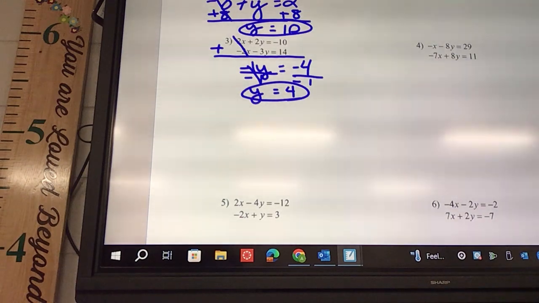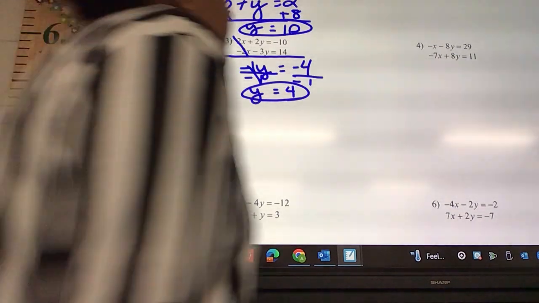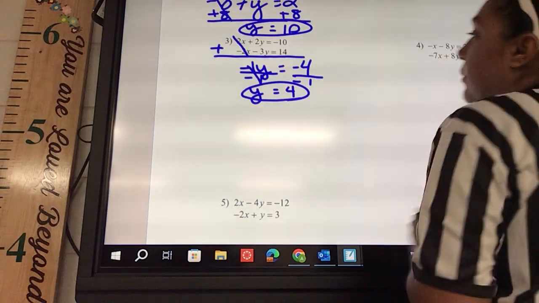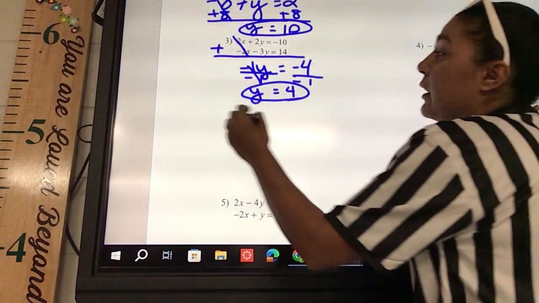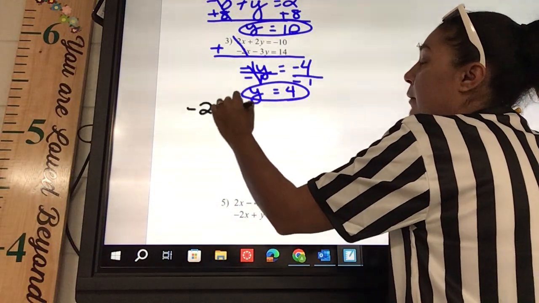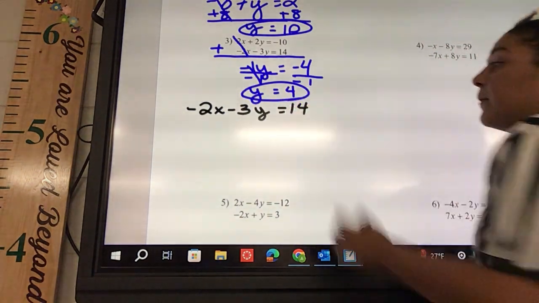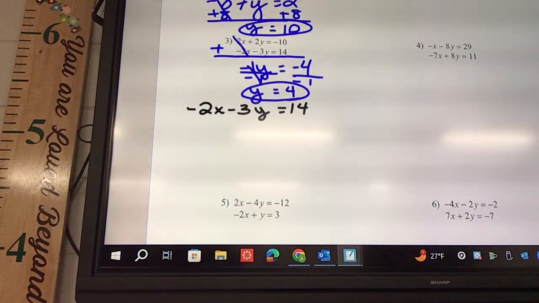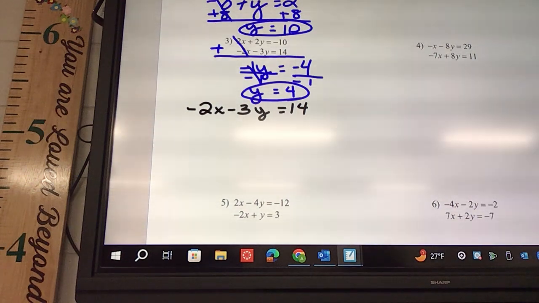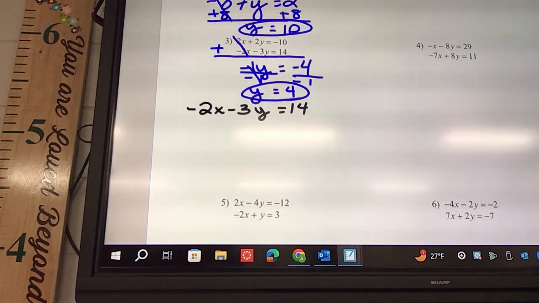Now we're going to plug this back into an original equation. Would you like to use equation 1 or equation 2? Equation 2. So negative 2x minus 3y equals 14. I just copied that one down. Which one do we know? The y.